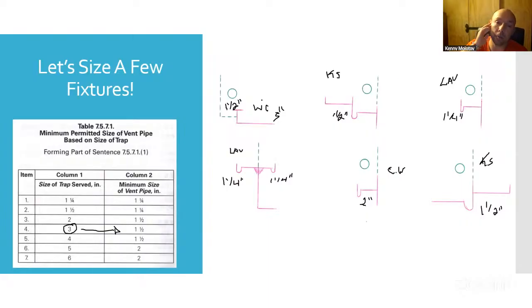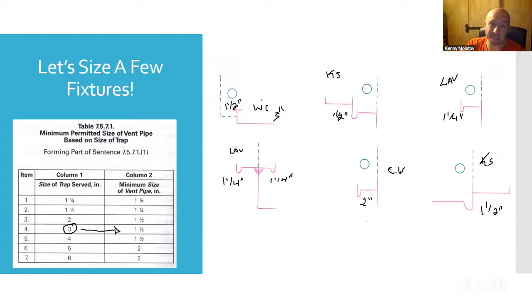And here's what you got to keep in mind. Whenever you're on a plumbing test, the teacher is not interested in you upsizing. They want to know that you understand the limits of the code. In other words, they want to understand you know the minimum pipe size that you are going to be able to put in there. And also, think of it in regards to if you had to bid on a job.